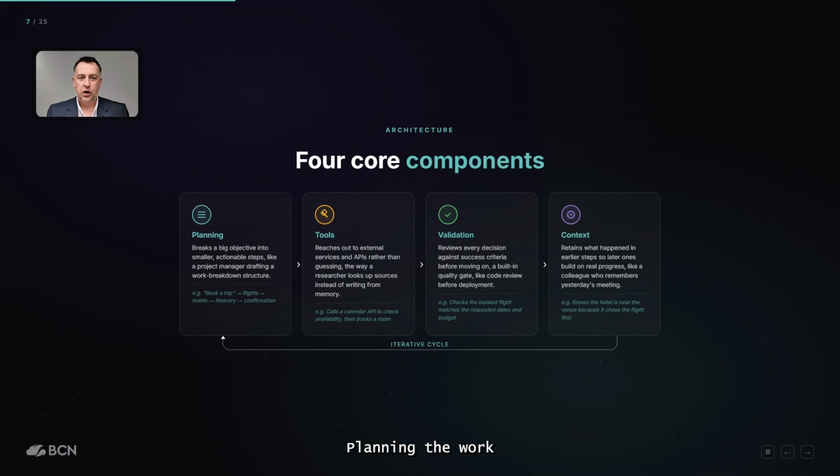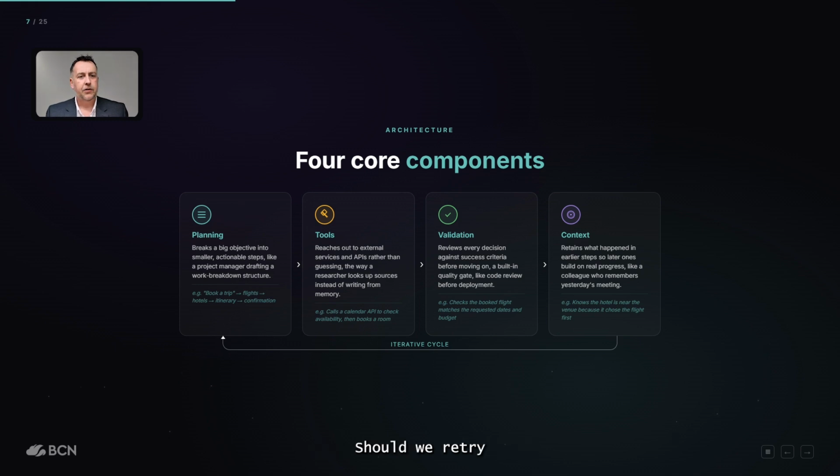Planning, the work breakdown structure. Converting a goal into steps and sequencing them. Tools, how the agent touches reality through APIs, databases, ticketing systems, calendars, CRMs, and so on and so forth. Validation, quality gates. Did the action succeed? Does the result match the success criteria?